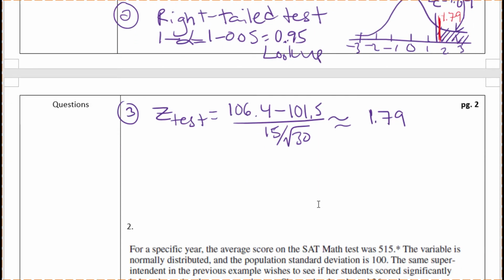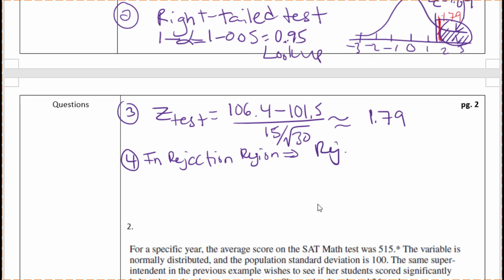Since it is in the rejection region, step 4 is to make a decision. As we can tell, it's in the shaded region here, so that means we reject the null hypothesis.